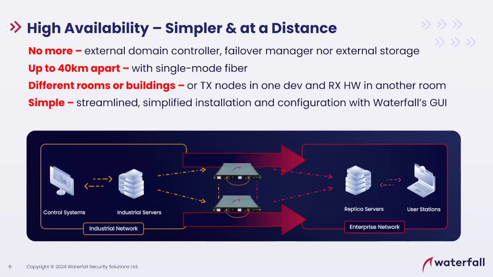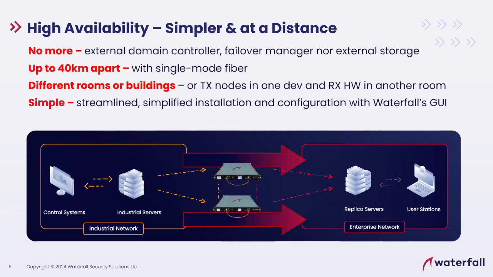So if you have the main server room in part of your campus, and a fallback server room in another part of your campus, you can put one of these devices in the main server room and the other device in the fallback server room. These can be separated by up to many kilometers. We do have to run a fiber from the one device to the other, so you have to be able to run that fiber. But if you can, you can host these devices very far apart.